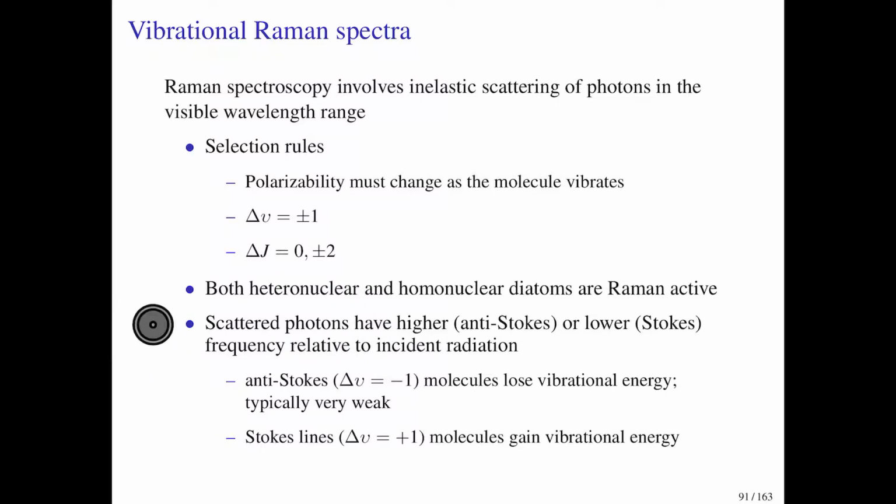When you scatter visible light off of a diatom, you will get both the anti-Stokes and the Stokes frequencies. Either the molecule will take away some of the photon's energy and undergo a vibrational and rotational transition, or the molecule could possibly undergo a transition from a higher vibrational state to a lower vibrational state, and that's the anti-Stokes line.